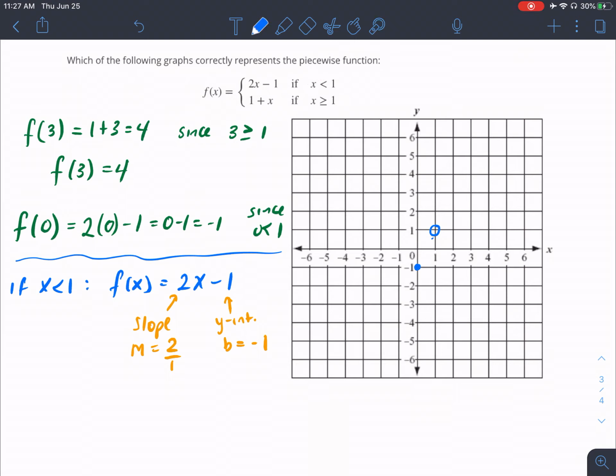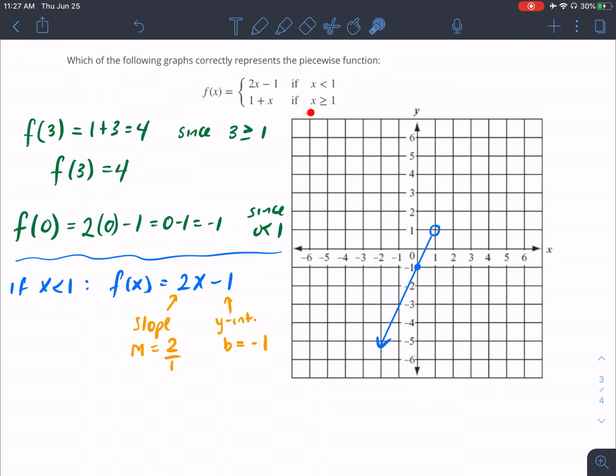So the graph really is only going to be graphed for x values that are strictly less than 1. Let's see if I can do it. There we go. Okay. Normally, like I said, you would graph the entire line, but because this is a piecewise function, I only graph my graph using the x values that are strictly less than 1.